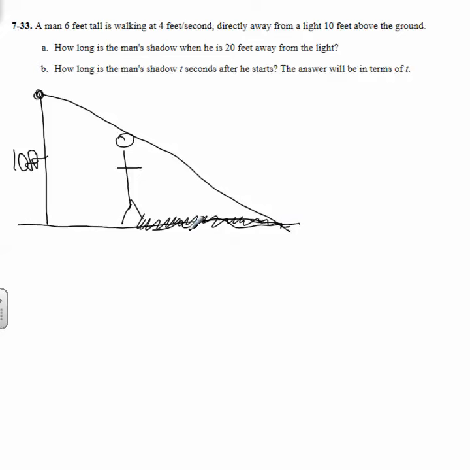So let's go ahead and make up some variables. Second step, name and define the variables involved in the problem. So I'm going to go ahead and say S for length in feet of shadow. S for shadow.